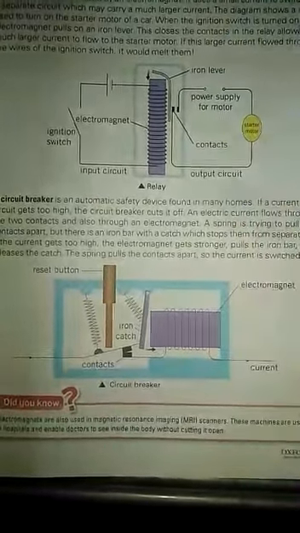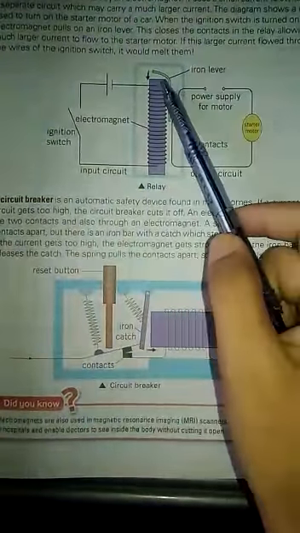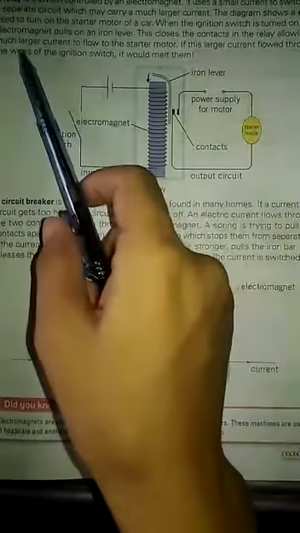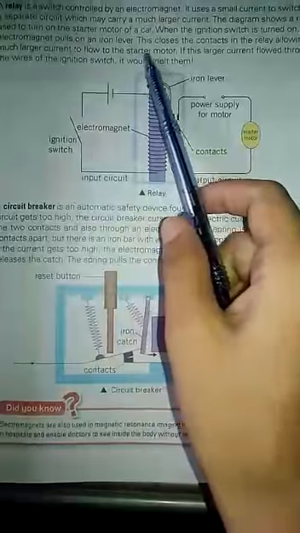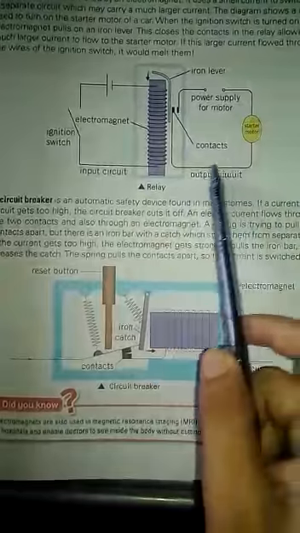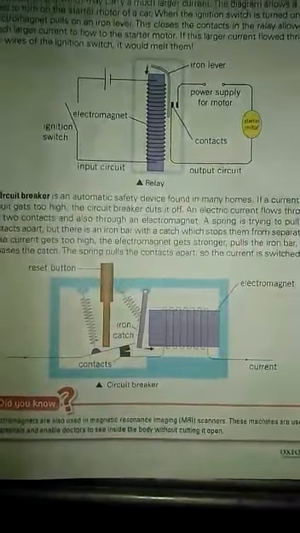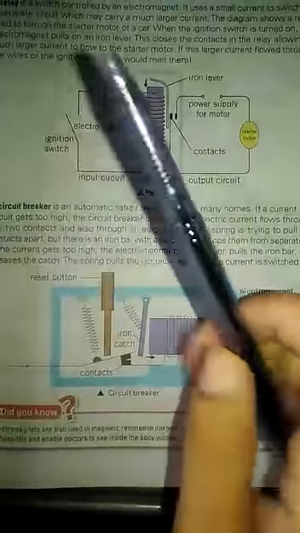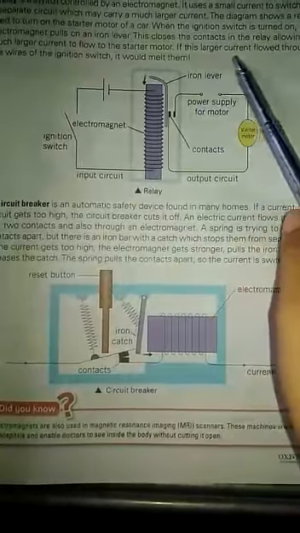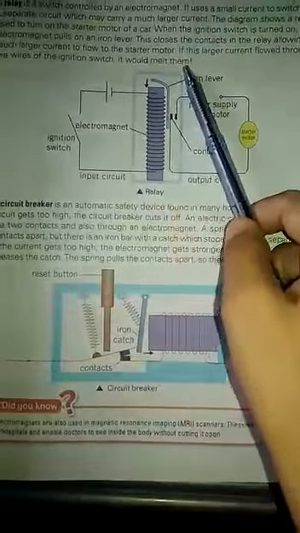When the ignition switch is turned on, the electromagnet pulls on an iron lever. This closes the contacts in the relay, allowing a much larger current to flow to the starter motor. If this large current flowed through the wires of the ignition switch, it would melt them.